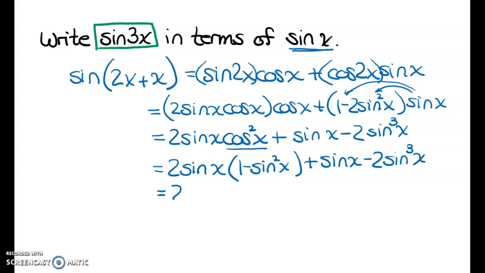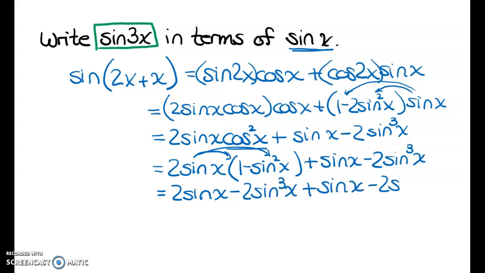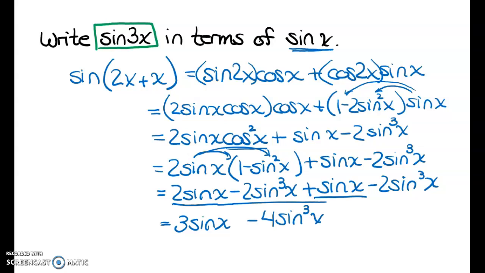And then I'm going to distribute this 2 sine of x across both of these terms. And my last step is just to combine like terms. And I'm going to end up with 3 sine x minus 4 sine cubed x. And my answer really only has sine of x in it.